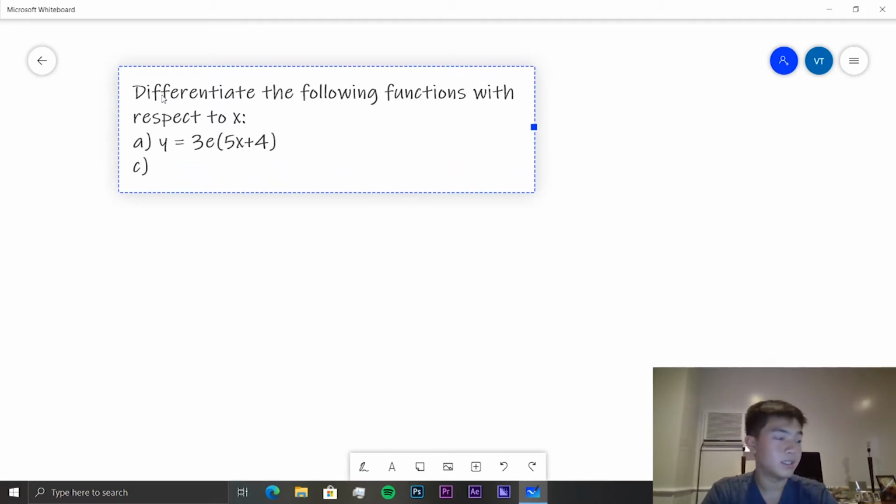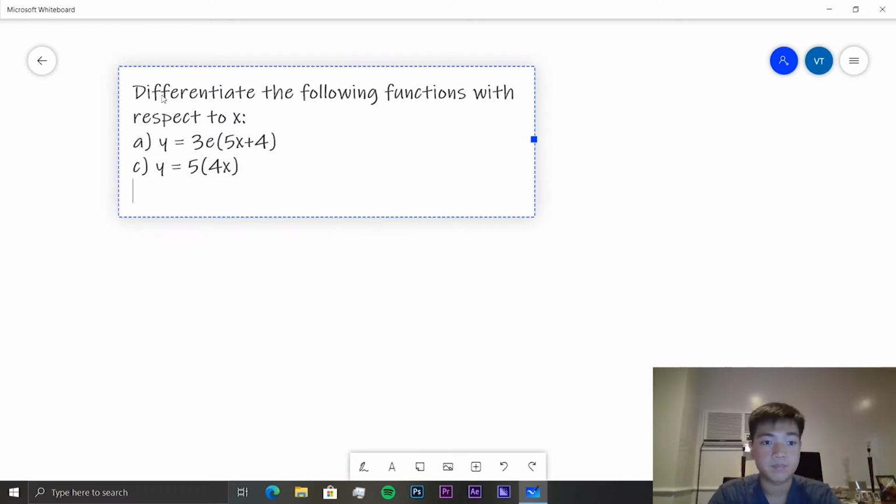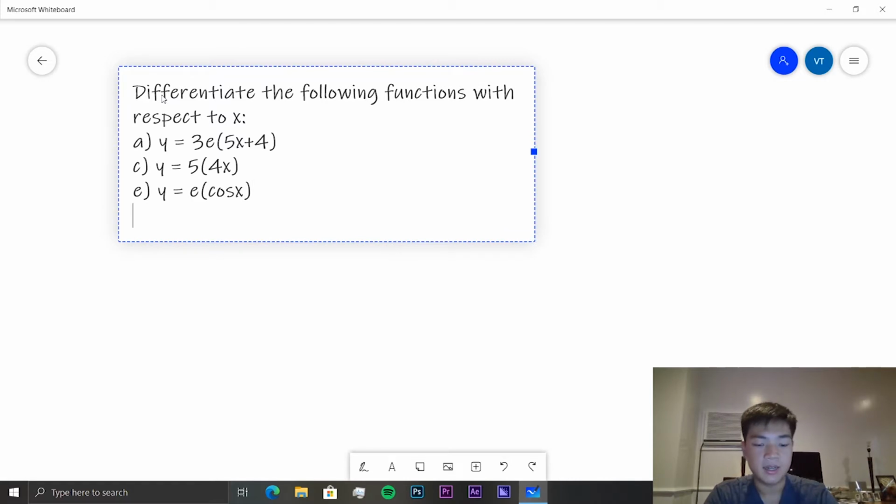The third one is y is equal to 5 to the 4x. The fifth one is y is equal to e to the cosine x. The seventh is y is equal to ln of 5x plus 4.